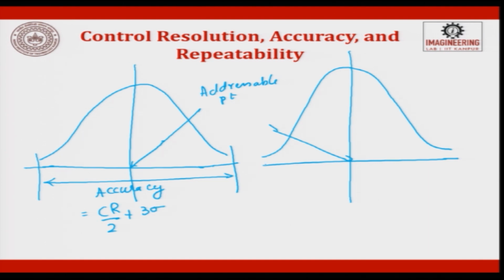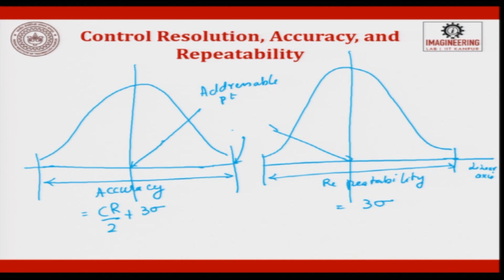Okay. So, this is the repeatability, which is equal to another 3 sigma. Okay. Here we are moving in a linear axis, you can also have it in a rotating axis. So, here is the desired point. So, this is called the control resolution.